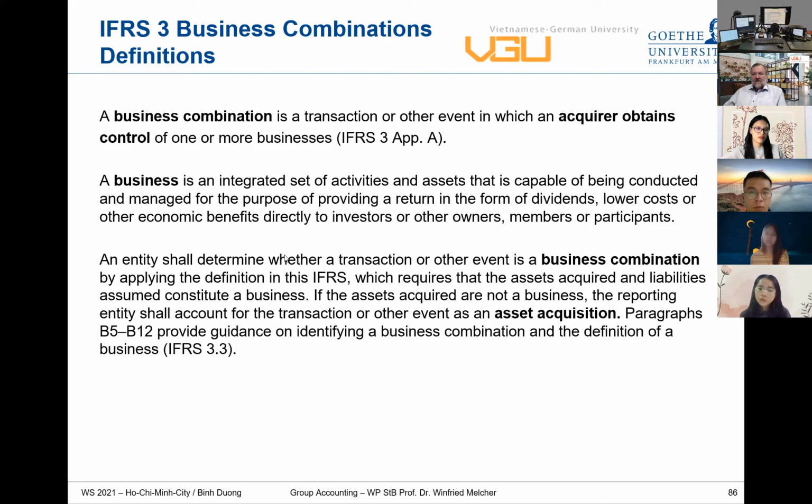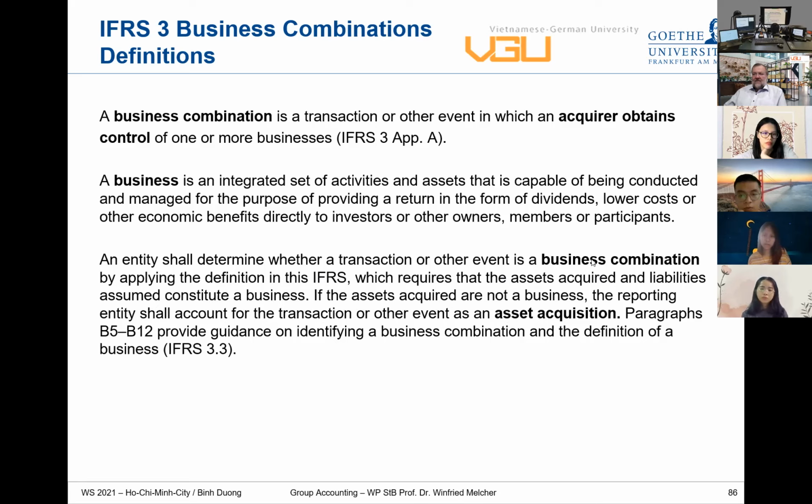An entity shall determine whether a transaction or other event is a business combination by applying the definition in IFRS 3, which requires that the assets acquired and liabilities assumed constitute a business. If the assets acquired are not a business, the reporting entity shall account for the transaction or event as an asset acquisition.